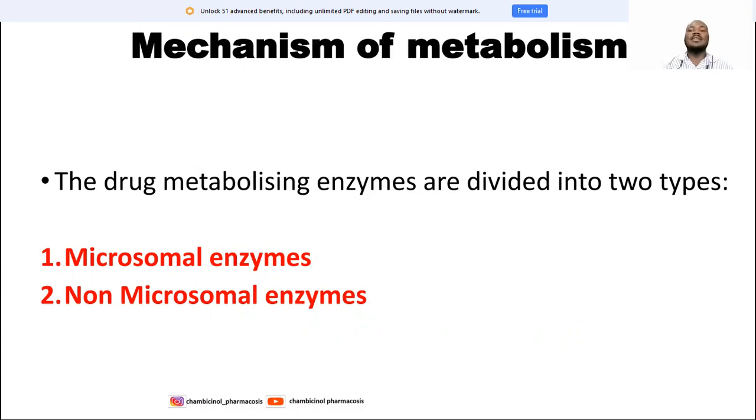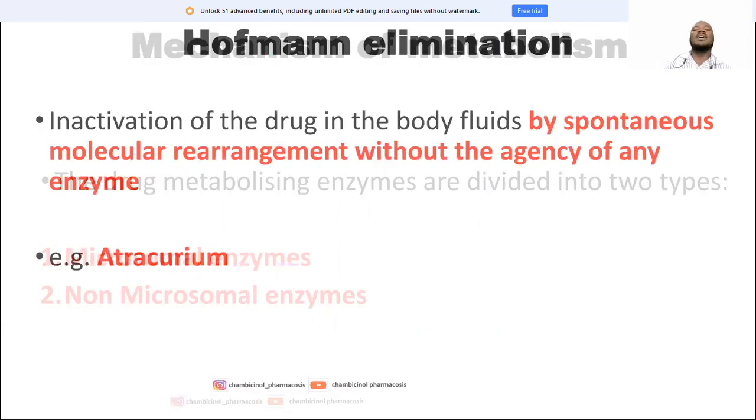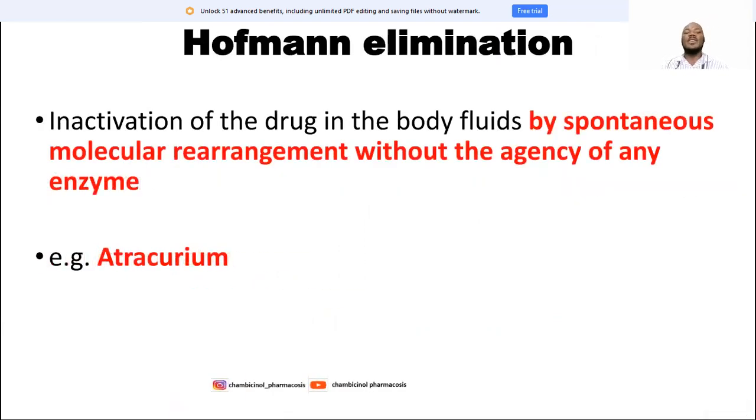But some drugs have a tendency to undergo molecular rearrangement in the body and form a polar drug which can be excreted. This reaction does not involve any enzymes. This is called the Hofmann elimination reaction. It involves spontaneous molecular rearrangement without energy, and it cannot use any other agent or energy.